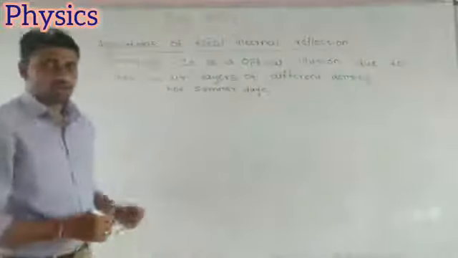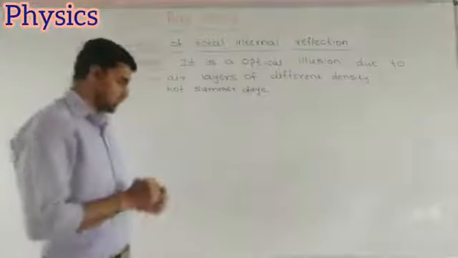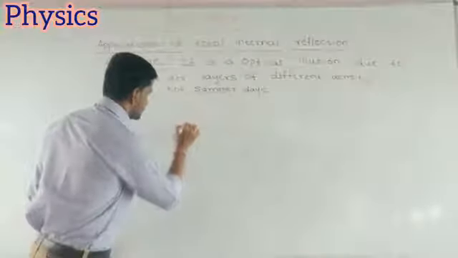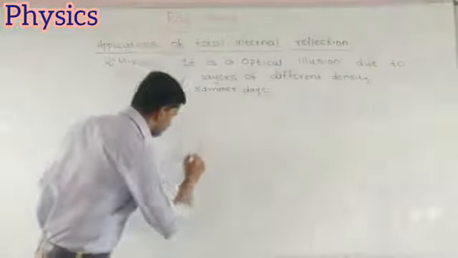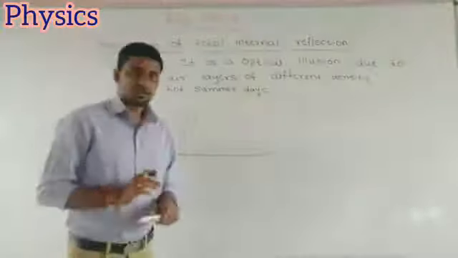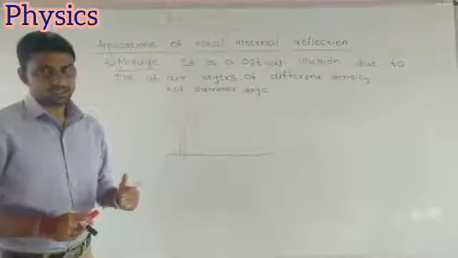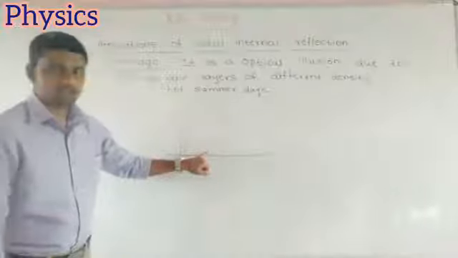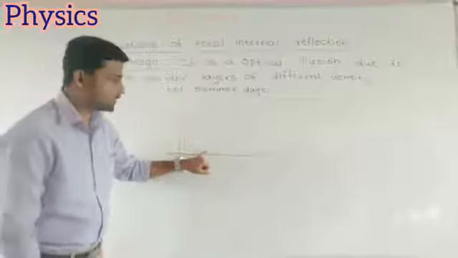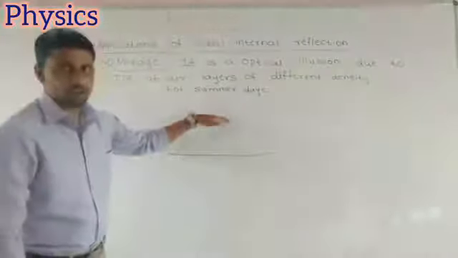Now we will see how the mirage takes place. First I am going to consider one tall object here. This is a tree. And this is the ground. And we know that on hot summer days, the air layer near the ground is hotter compared to the air layers above the ground.